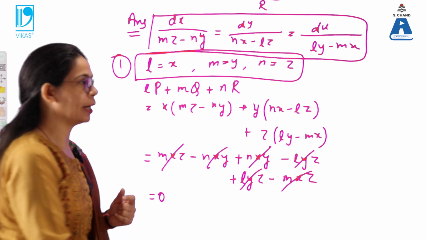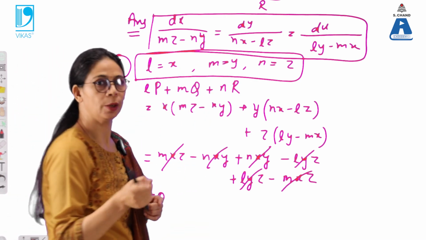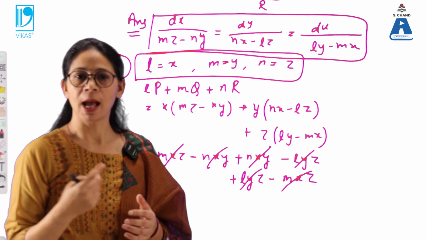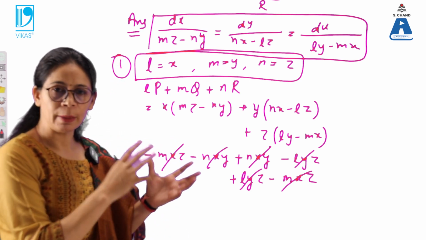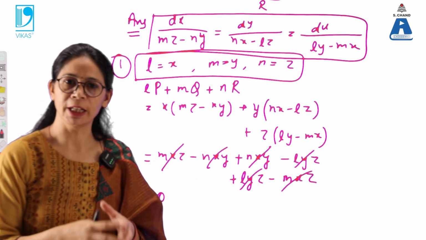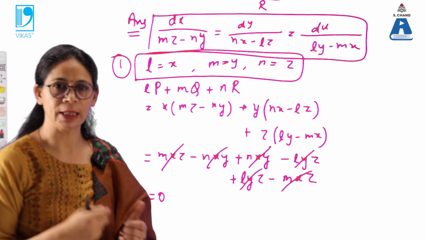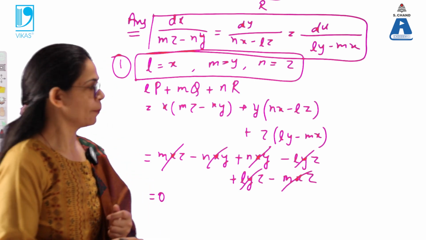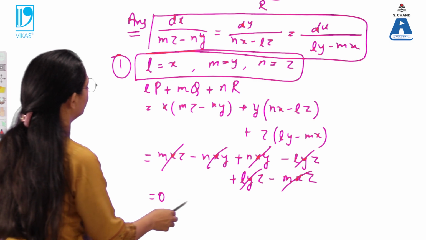So if we can obtain one relation from this, we need only one set of multipliers, and if we are not able to get some explicit relation, we need two sets of multipliers. So in this case, we need two sets of multipliers, so we need one more set.